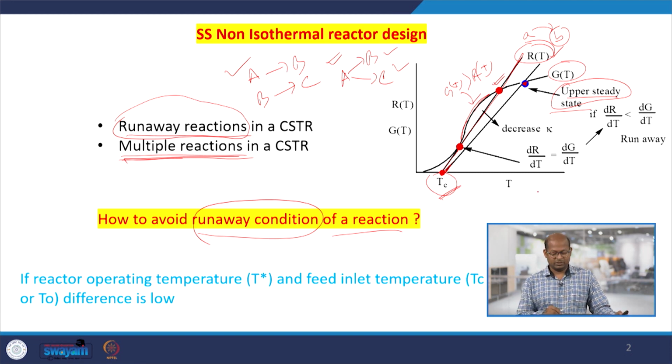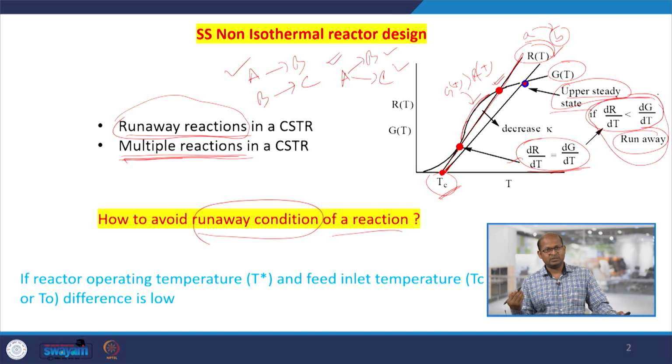Therefore, this is how runaway conditions come. This is the operation at steady state. If the reactor operates at this condition, it is fine and acceptable. But when the heat removal term, the gradient of RT with respect to T, is less than dG/dT, this is called runaway conditions, meaning heat removal is less than heat generation. Once that happens inside the reactor, many problems will appear.